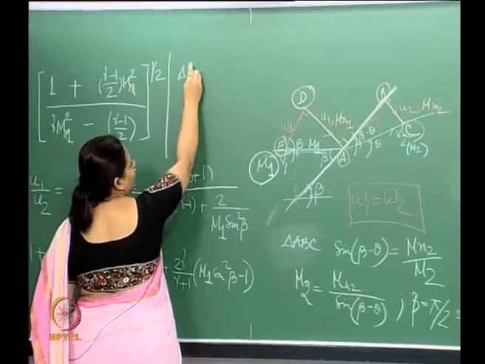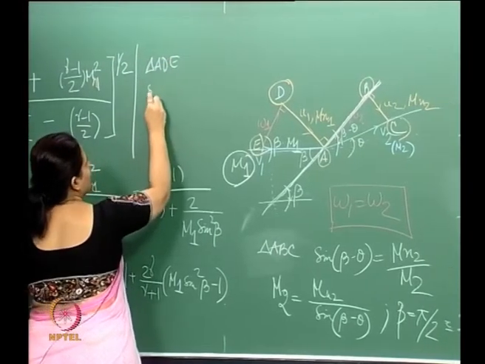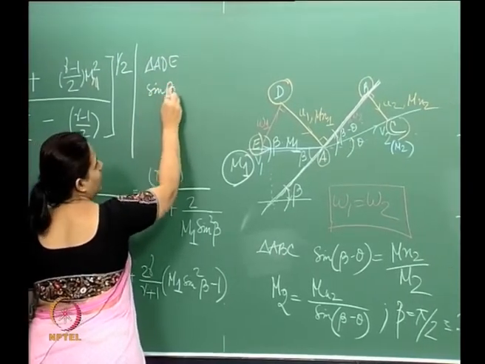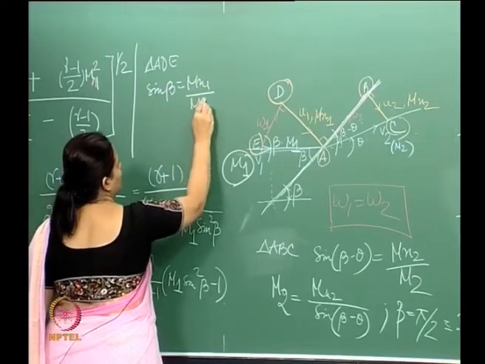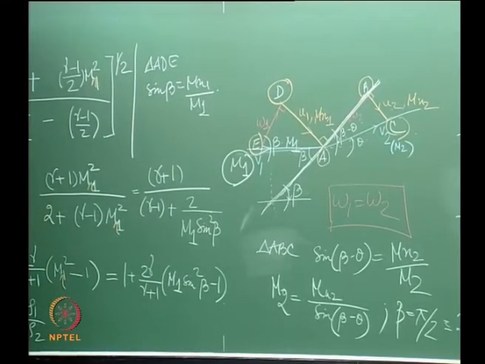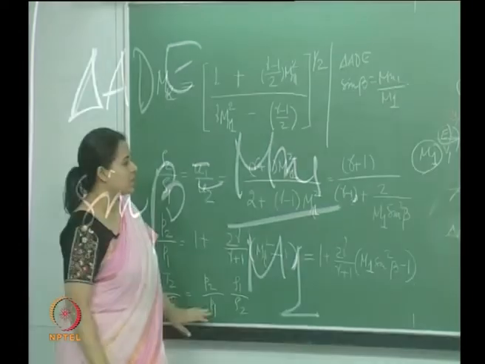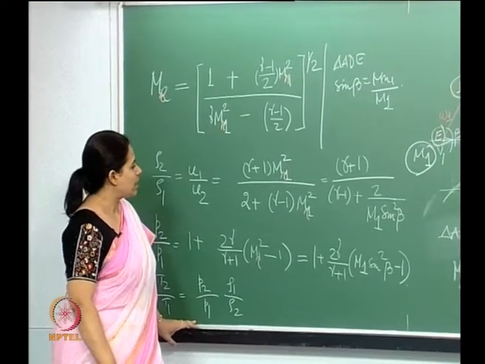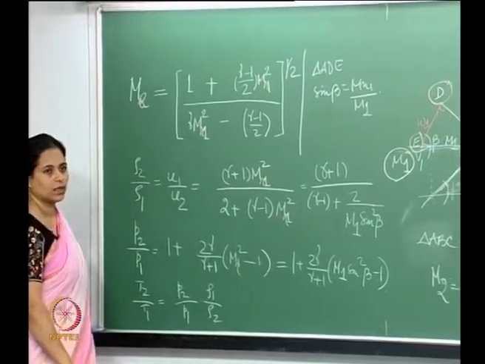If you take triangle A, D, and E, you get sine beta is Mn1 by M1, so Mn1 is essentially M1 sine beta. That's all I've done over here. So this is what we get from the expression over here.